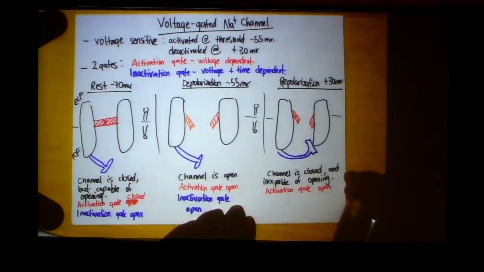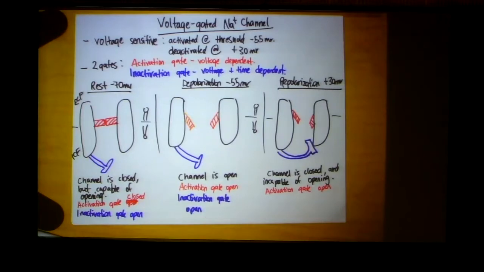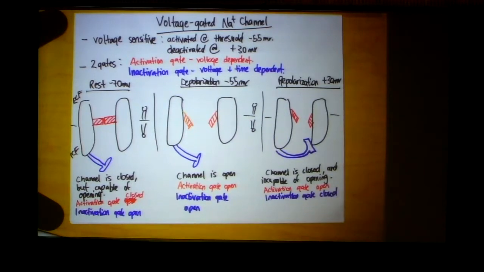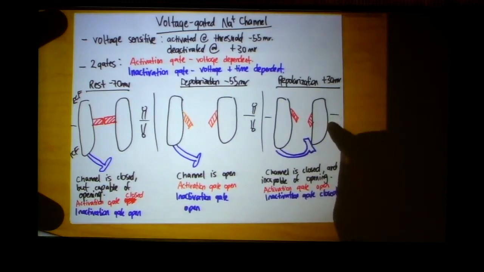So this channel is essentially closed. And even if we did depolarize the membrane, this channel would not be capable of opening, right? Because that inactivation gate is closed. It's not possible to open this channel again until the membrane gets back to rest.